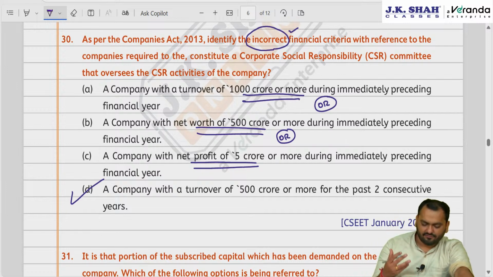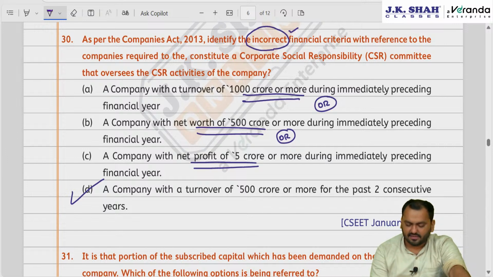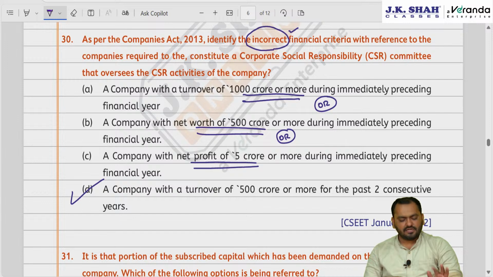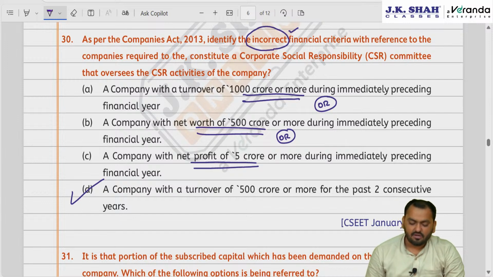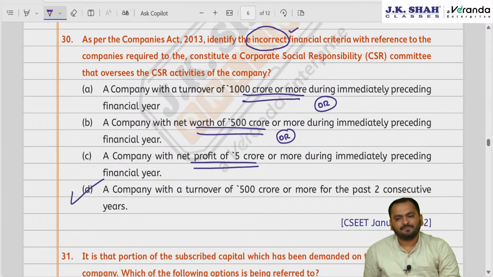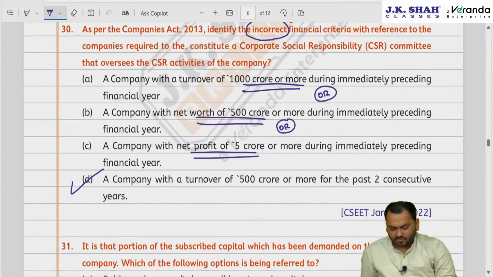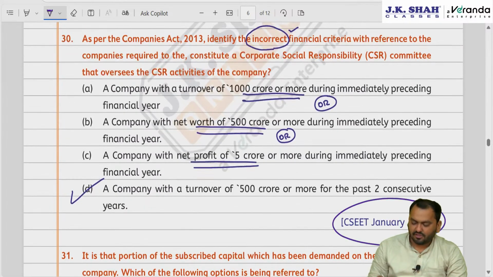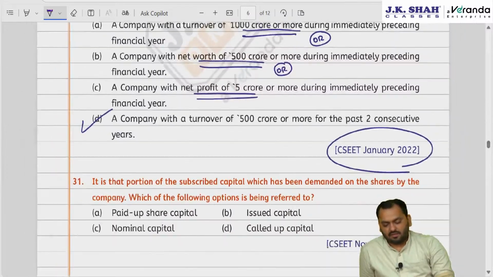Therefore option D is the right answer, because they are asking which is the incorrect financial criteria. Option D is incorrect, because the correct ones are A, B and C. This was asked in the January 2022 CSET exam.